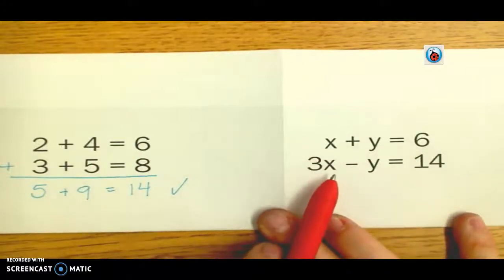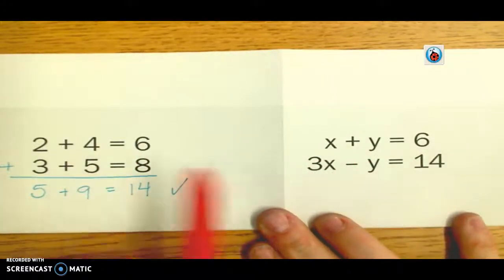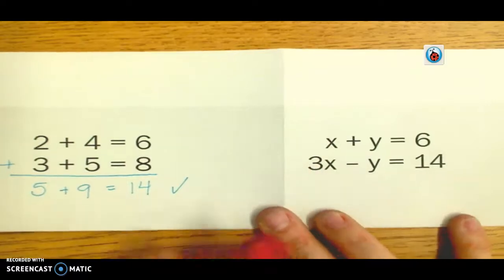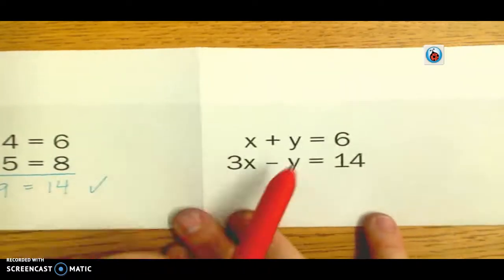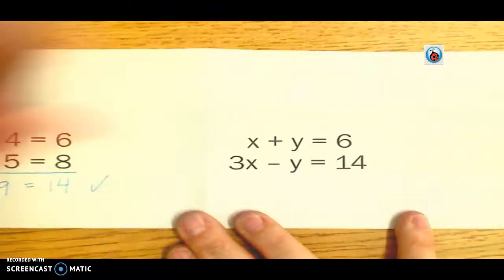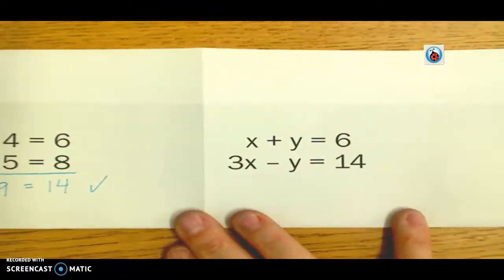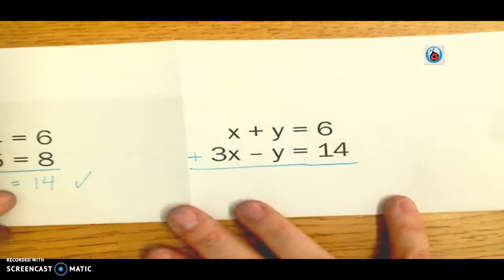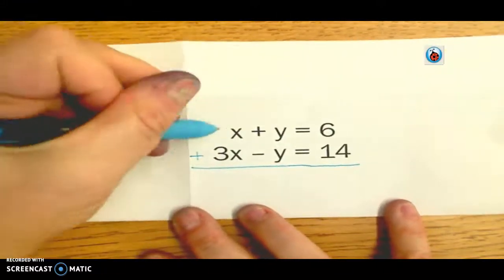We have 3 times a number, so it's a little bit different, but let's use that idea: if I add them together, what happens? Normally with substitution, we'd rearrange one of these, solve for a variable, and plug it in, right? Well, let's use this idea that if we just add them together, we'll still get a true statement and be able to solve. So let's go ahead and add these together.